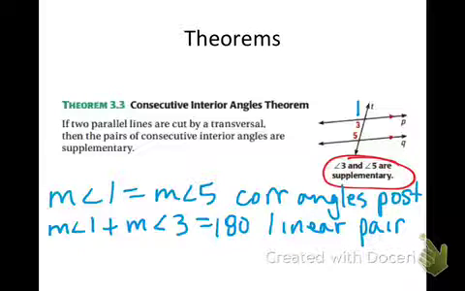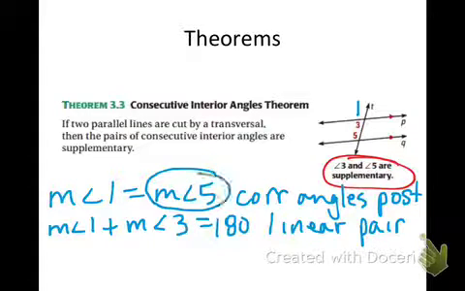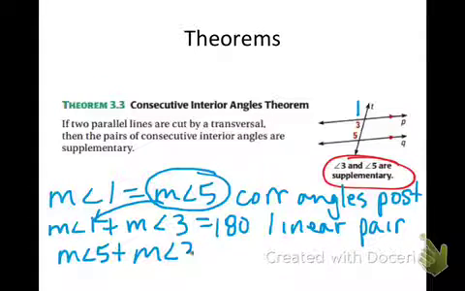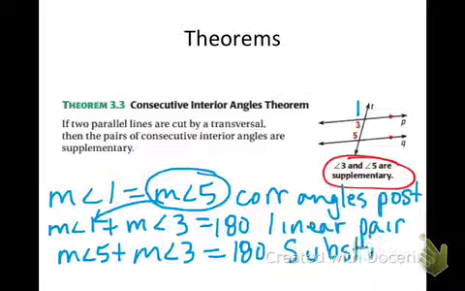So let's do some substitution. Let's take out angle 1, which is equal to angle 5, and let's put in angle 5 right here. Okay, so we know that the measure of angle 5 plus the measure of angle 3 has to equal 180, and that is substitution.